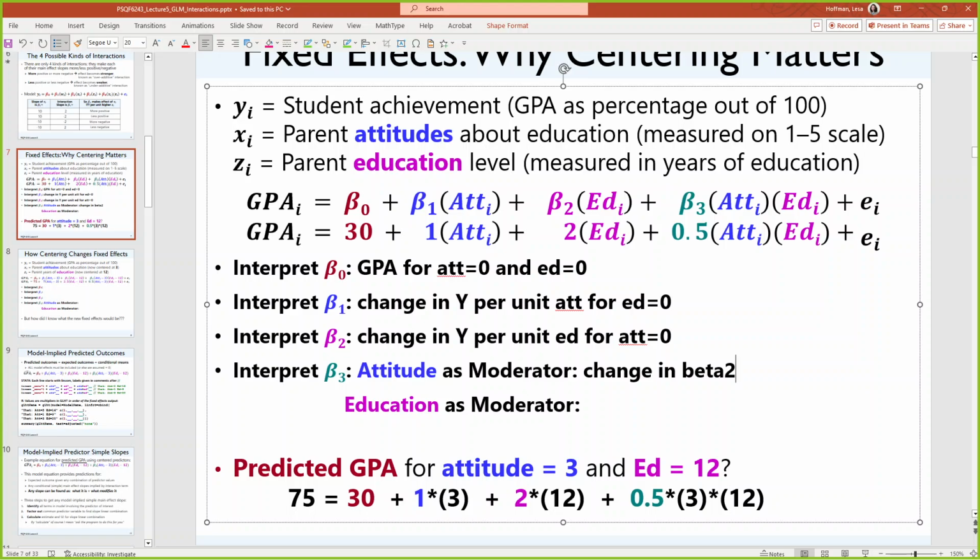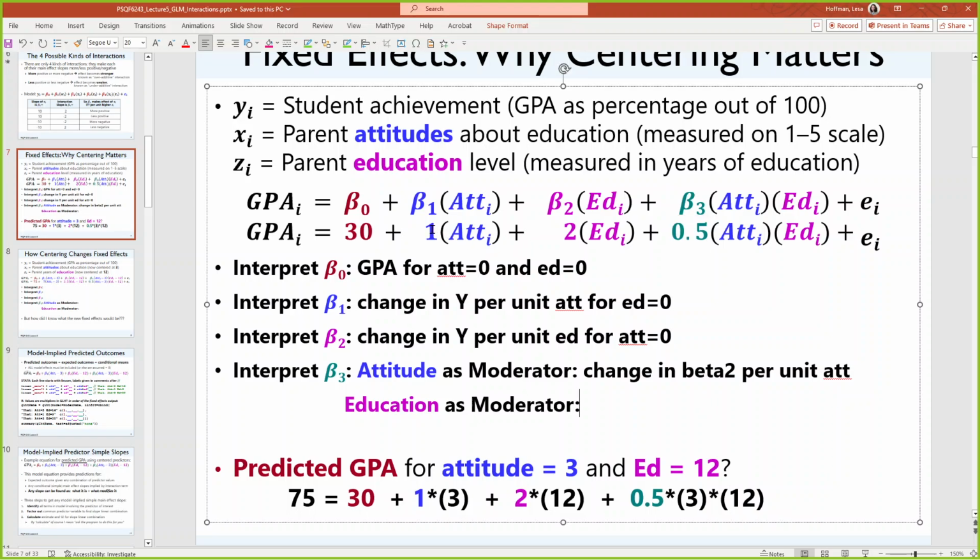What happens to beta 2 per unit attitudes? The slope of education increases by 0.5 per unit attitudes. The slope does, not Y, the slope.